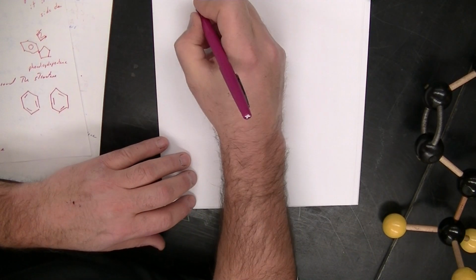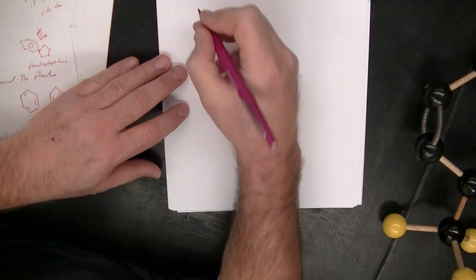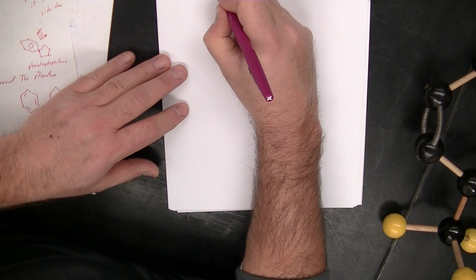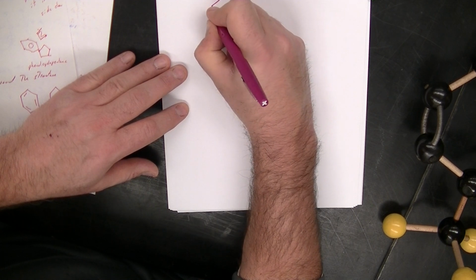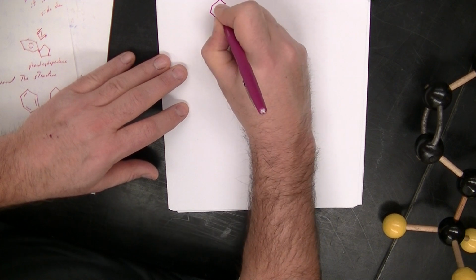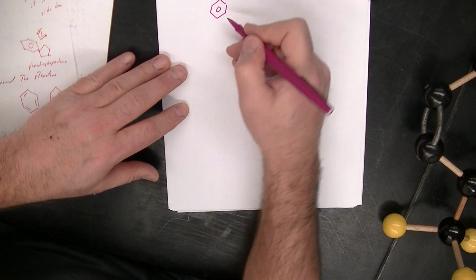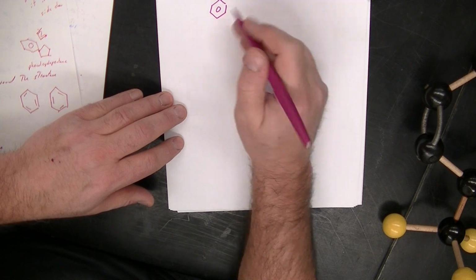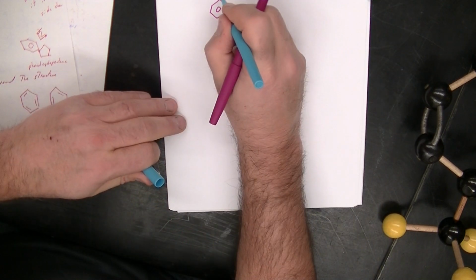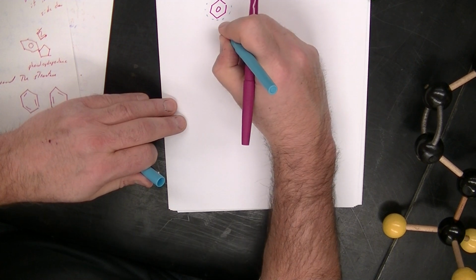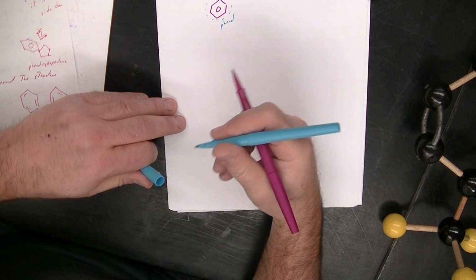So we can have a carbon chain with this benzene ring coming off of it. This right here would be a side chain, and this would be called a phenyl side chain.